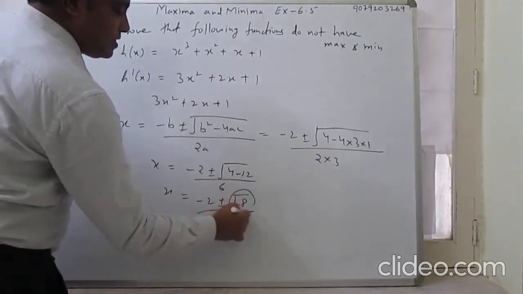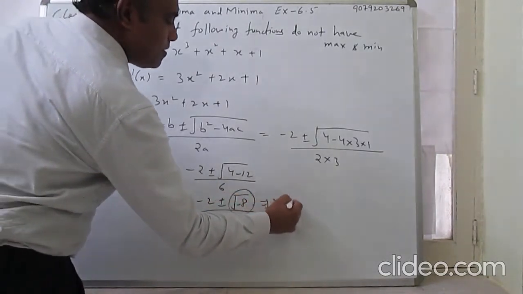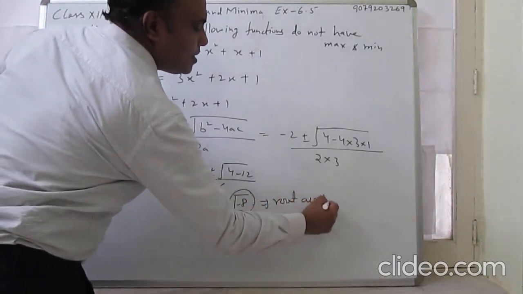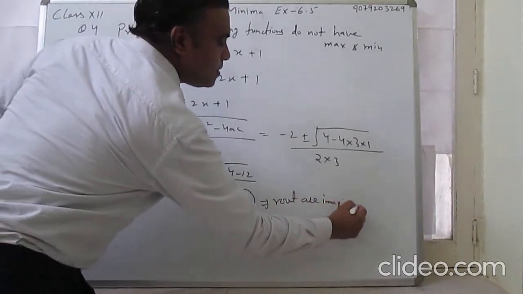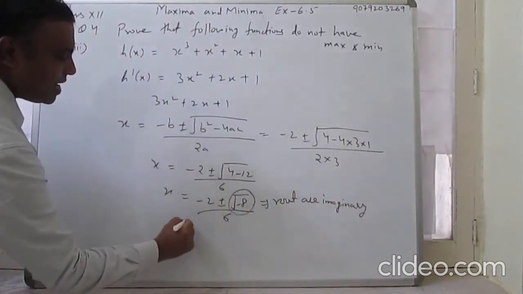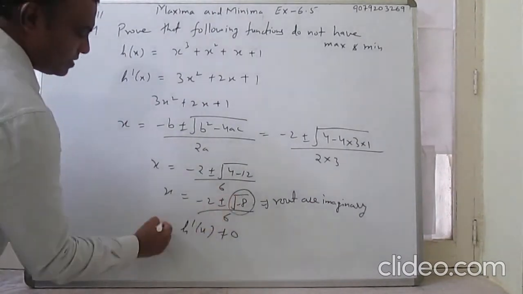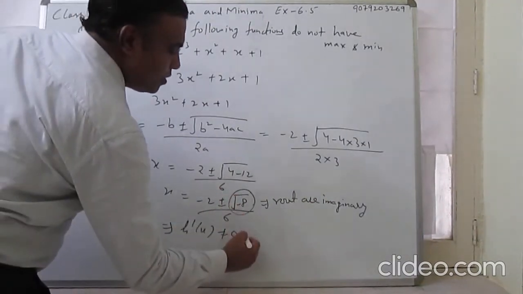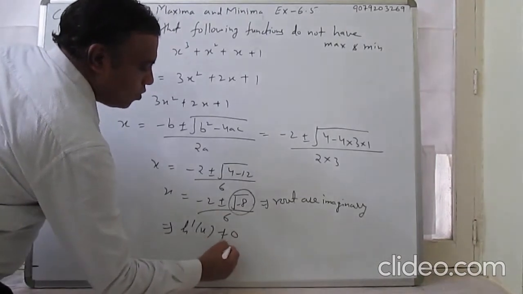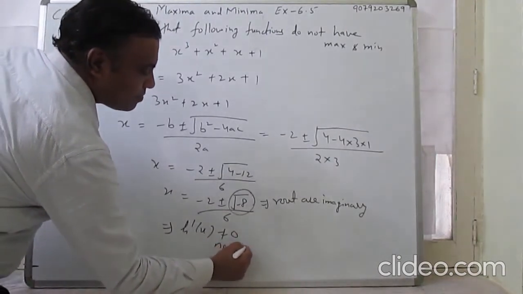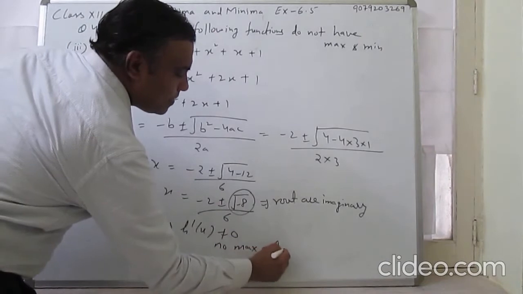So this implies that the roots are imaginary. So we cannot find h dash x equal to 0. This implies h dash x is not equal to 0, so there are no maxima and minima.